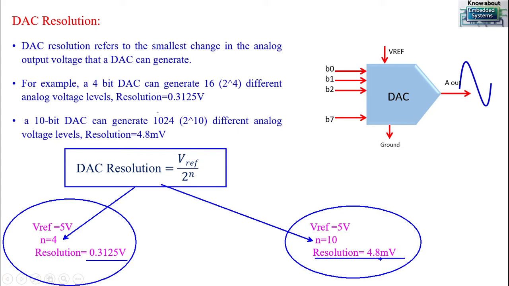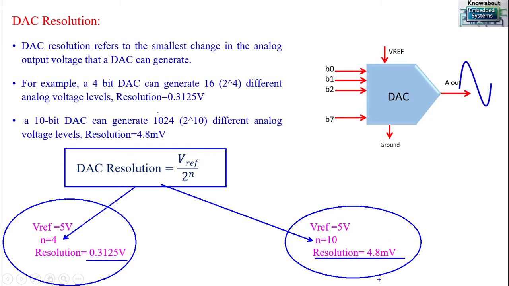So the conclusion here is, whenever you're going for DAC or ADC, you have to keep a low resolution value. That means the resolution value should be as minimum as possible. So how can we do that? When you increase the number of bits, the resolution value automatically gets reduced.